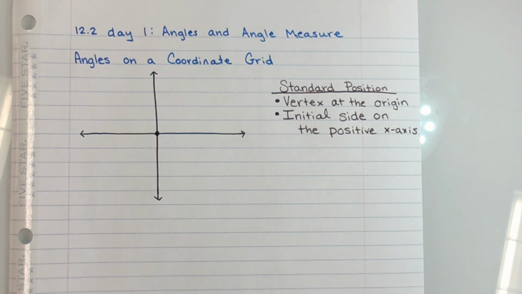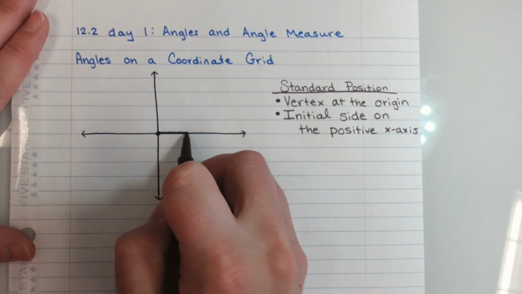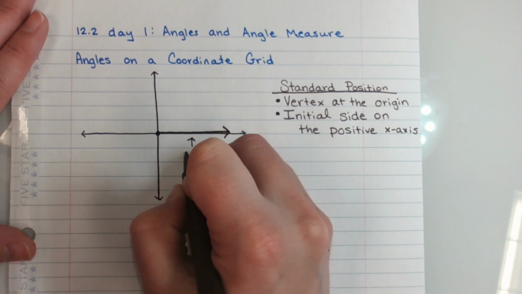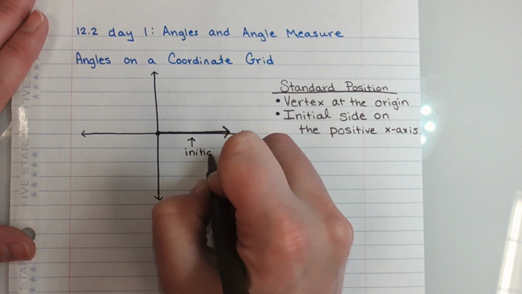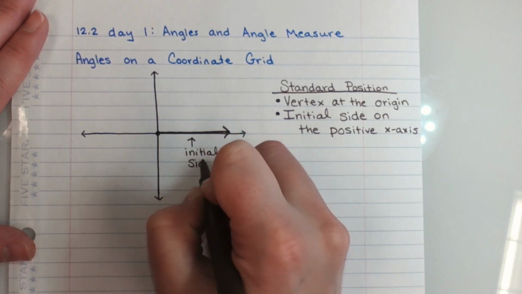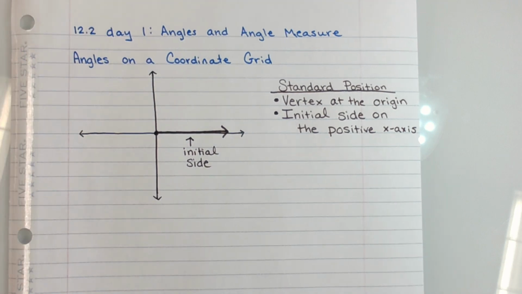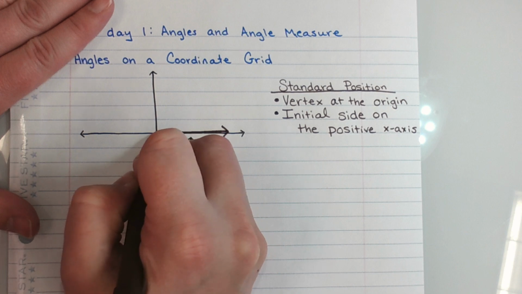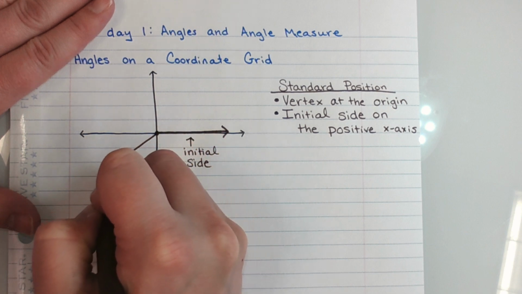The horizontal axis to the right. What's known as the terminal side will be anywhere else. It's not a requirement of standard position, so I don't write it over here, but the second side of the angle is called the terminal side, and I'm going to draw the terminal side over here.